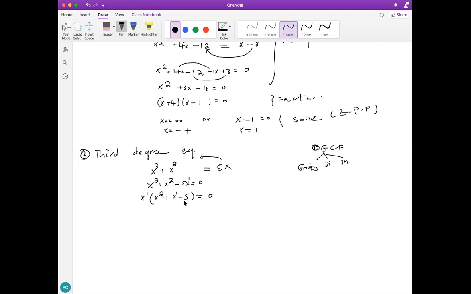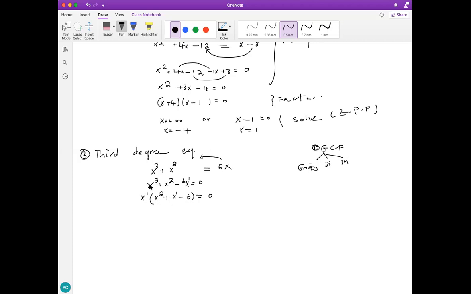Good. Can we factor this a little more? Actually, I meant to put 6 here, not 5, to make things convenient. So that would be negative 6x, and negative 6 here.